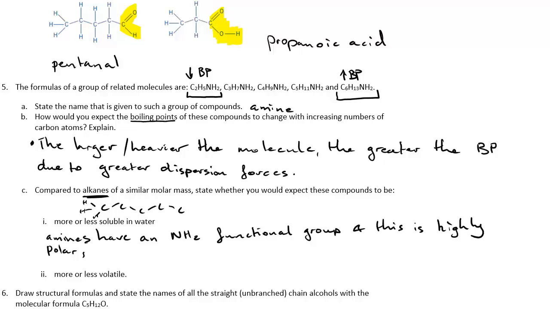So alkanes don't have polar functional groups. Therefore less soluble in water.